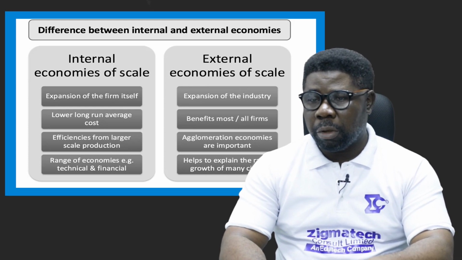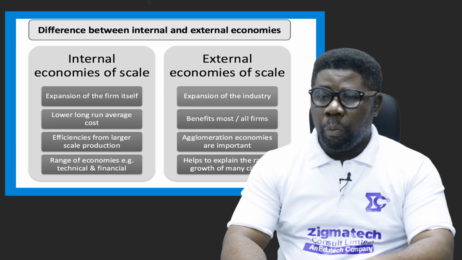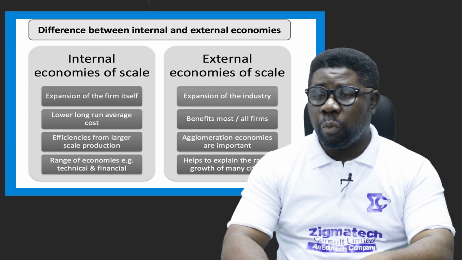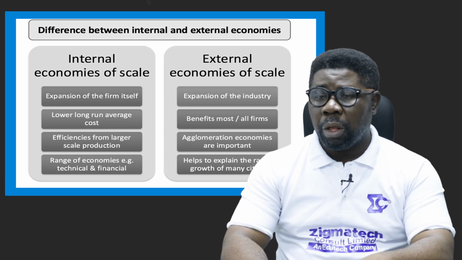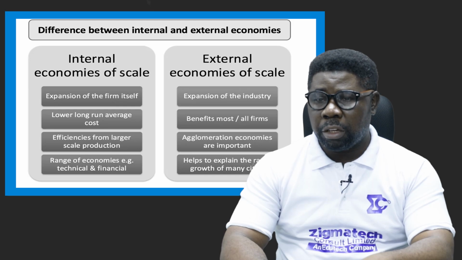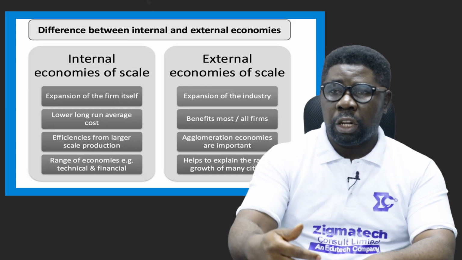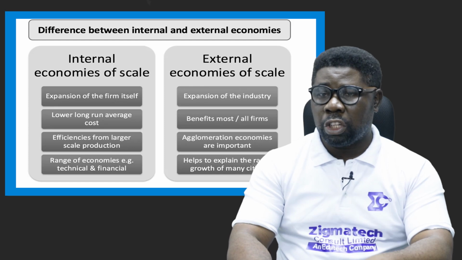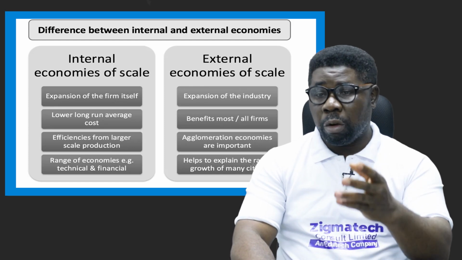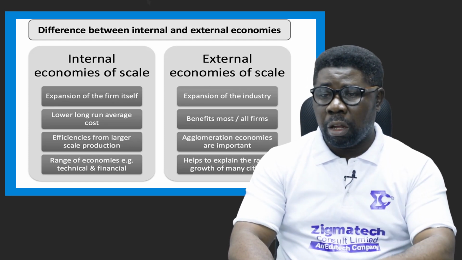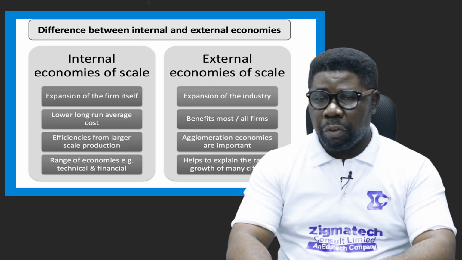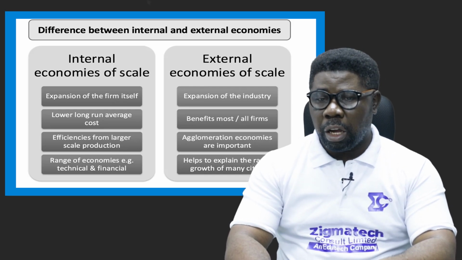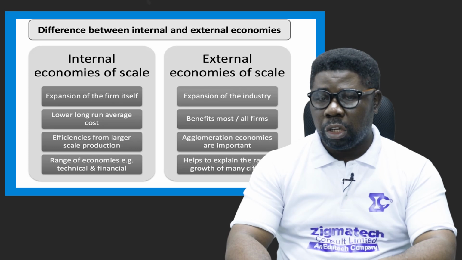Agglomeration economies are important. When these firms can benefit from one another, you talk about what? Agglomeration of economies, all right? Meaning everyone can rub up against each other to enjoy what others are enjoying, and that can help expand the company's production. You have a range of economies, right? Technical and financial economies, and so much you can enjoy from internal sources.